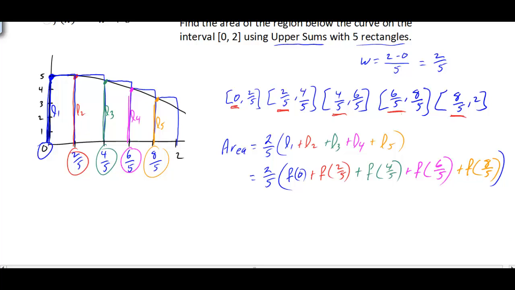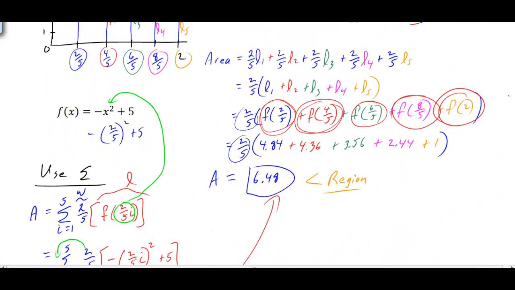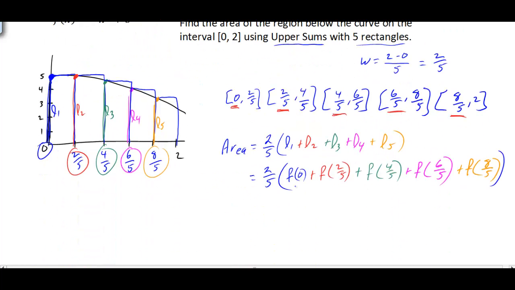And if we go through all the calculations, if you plug f of 0 in, now realize all of these numbers here that we calculated, we already calculated above: the 2/5, the 4/5, the 6/5, the 8/5, all of these values would be the same, 4.84, 4.36, 3.56, and 2.44. Now we're going to leave off the f of 2, but we have to include the f of 0.